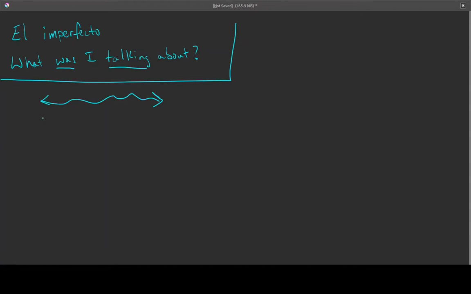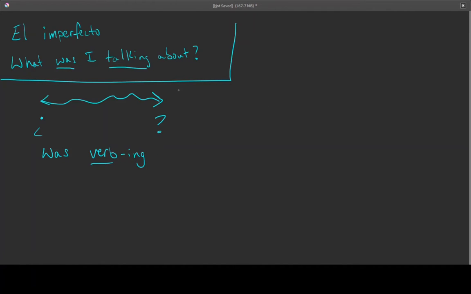All right, and what's going on here is we are not focused on when something began, and we are not focused on whether or not it ended or when it ended, but we know that when we walked into a scene, this is what was happening. And so that is my kind of translation or interpretation of this one: was, whatever your verb is, plus an ing on the end of it.